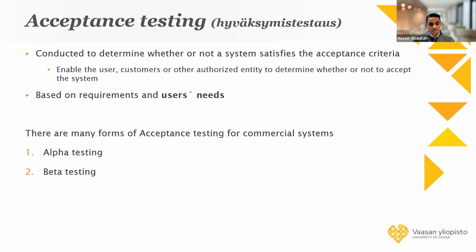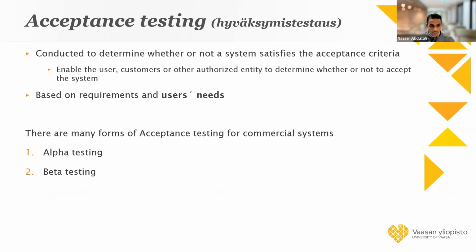Here we have two types of acceptance testing: alpha testing or beta testing. When we talk about alpha testing, a person or team will test the application, but this team is in-house, from the development team or from the same company.